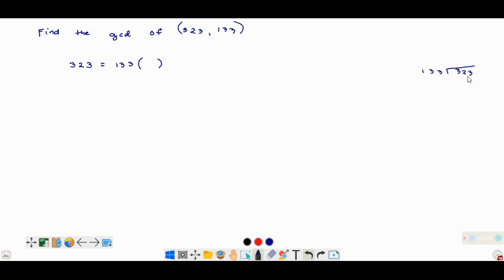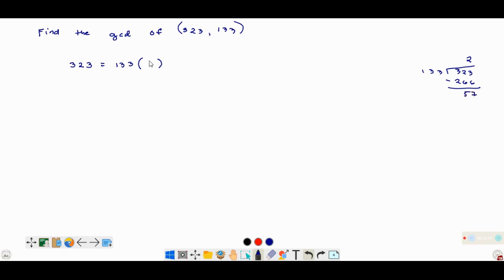You can get your calculator and solve for this. We have 2 times 133 is 266. Get their difference. We have 323 minus 266 is 57.